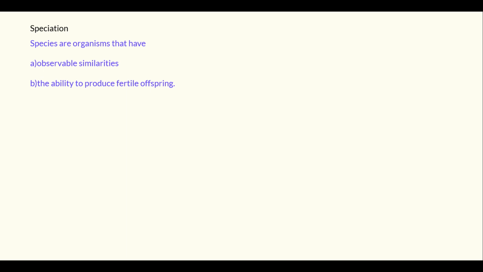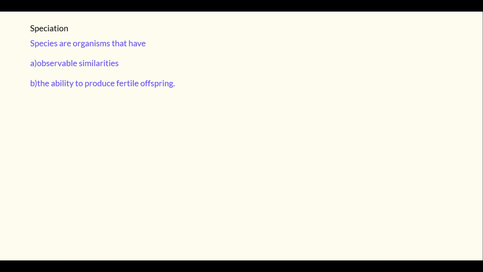So speciation is a concept that from one population, two species will evolve. And the definition of a species that you should have learned at AS is that species are organisms that have observable characteristics that are similar, and they are able to reproduce to produce fertile offspring. That's the key.